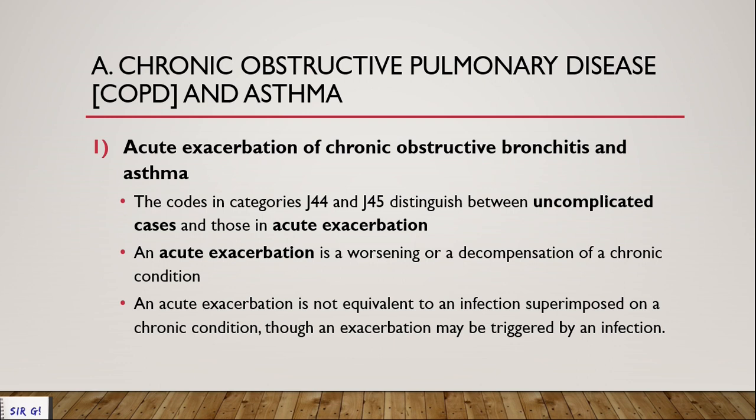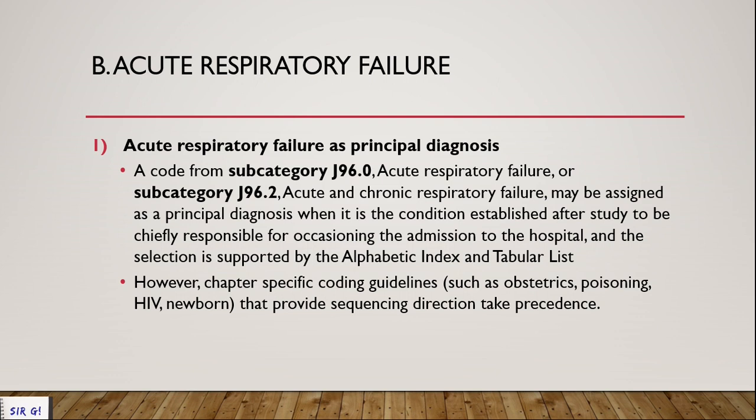Okay? Next guideline is acute respiratory failure. I usually put in the code here J96. Okay? J96.0 to be specific. Actually J96.00, J96.01, J96.02, like that. So there are options under your subcategory J96.0.